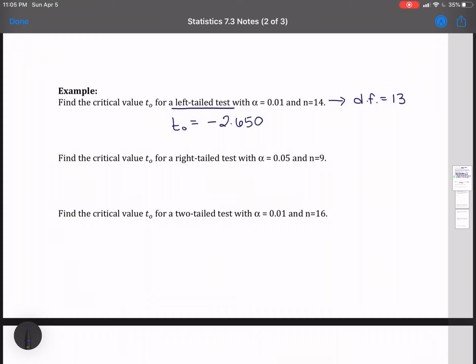Okay, so if we look at the next one, find the critical value for a right-tailed test with alpha equaling 0.05 and n equaling 9. Our degrees of freedom equals 8. So again, I'm going to jump over.